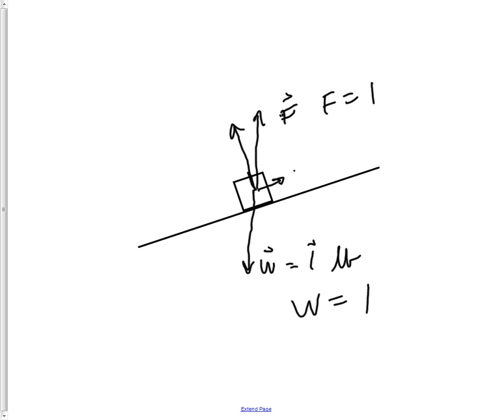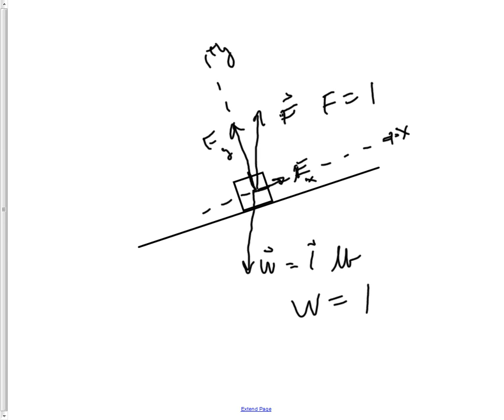Let me choose a coordinate system that has x this way and y this way. So here's plus y, here's plus x. So here's F sub x and here's F sub y.